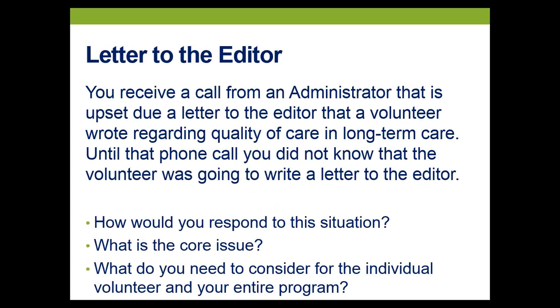Obviously, review the letter to the editor, then speak with the volunteer about the letter, and the need to communicate with staff prior to their involvement in public awareness, systems advocacy, and definitely speaking as an ombudsman. Because even as a citizen, obviously they have the right to talk about things, send letters to the editors, even testify, but that's really hard to split apart their time as a citizen, and if they're a citizen, especially speaking about long-term care issues, if they're trained and certified and a representative of the Ombudsman program, that's really hard to split apart.